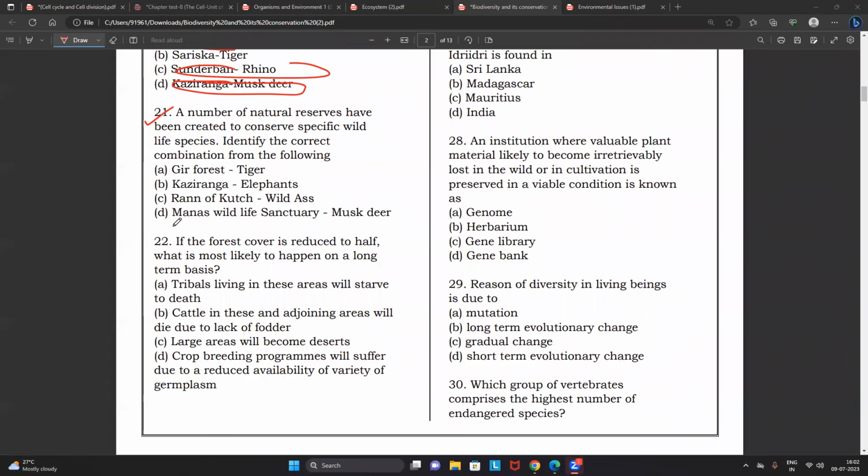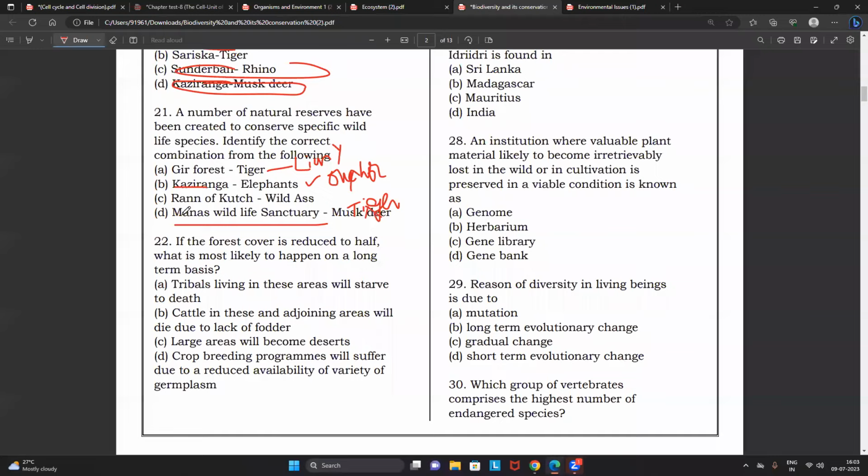See, friends, Manas Wildlife Sanctuary, Musk Deer is... Kaziranga, along with the one-horned rhinoceros... I'm sorry, what is the question asking? Correct statement. I'm so sorry. So Manas will be a tiger reserve zone. Kaziranga will be one-horned rhinoceros. Gir forest will be the lion.